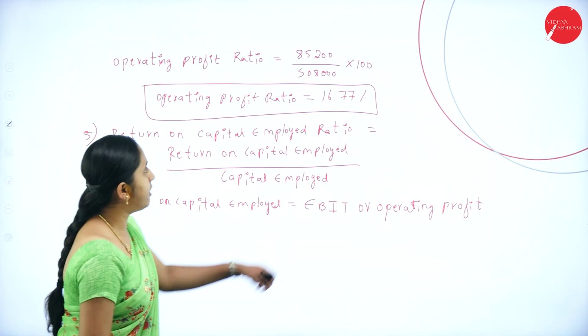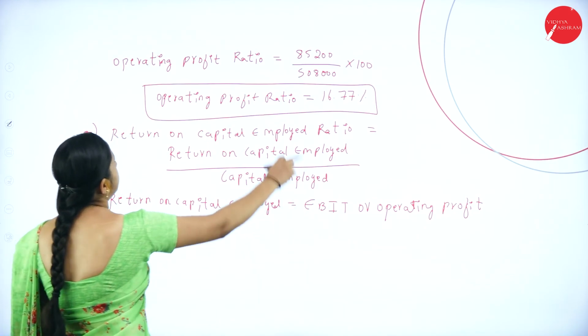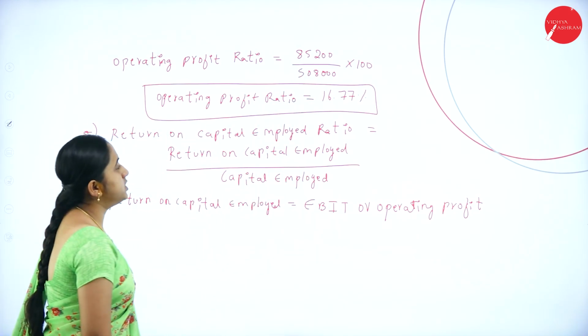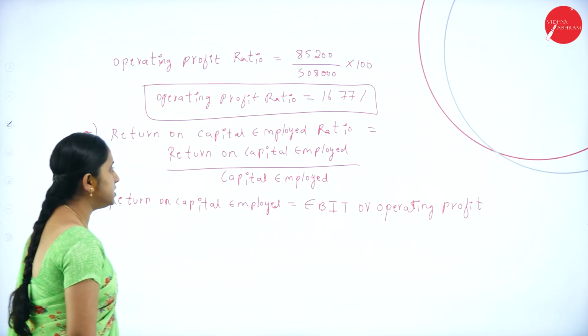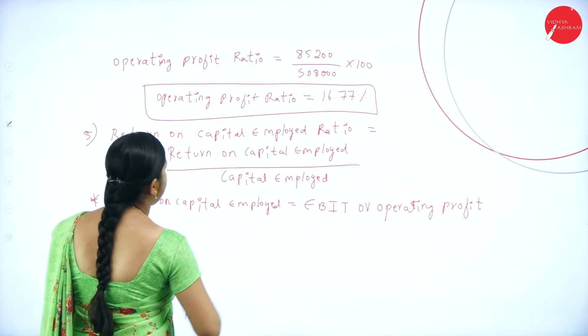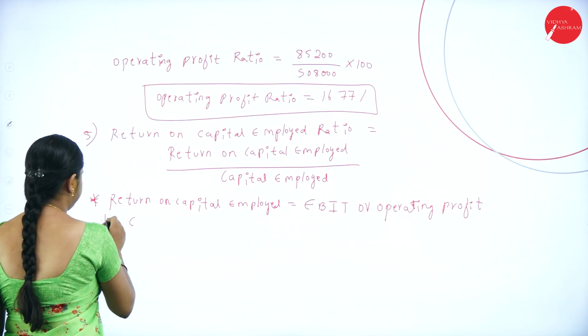So now we have operating profit. Operating profit is 85,200. So return on capital employed is 85,200.